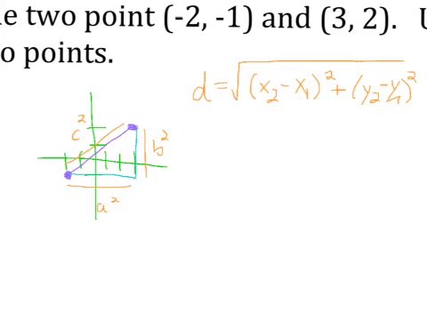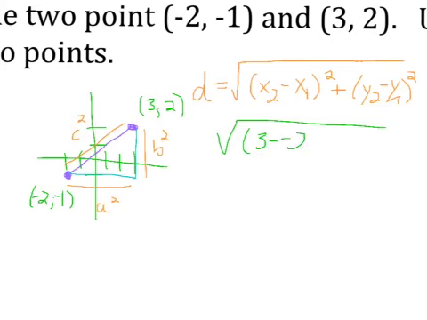So if your first coordinate is -2, -1, and your second coordinate is 3, 2, if we do 3 minus a -2, that gives us really a 3 plus 2, which is a 5. And if you count 1, 2, 3, 4, 5, that is the length of one leg of our triangle.